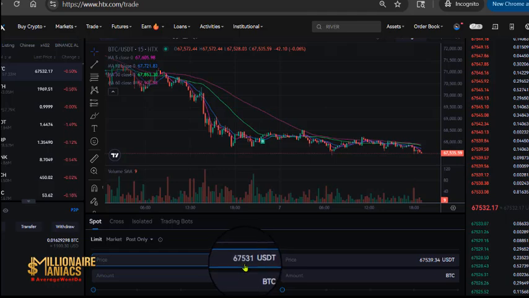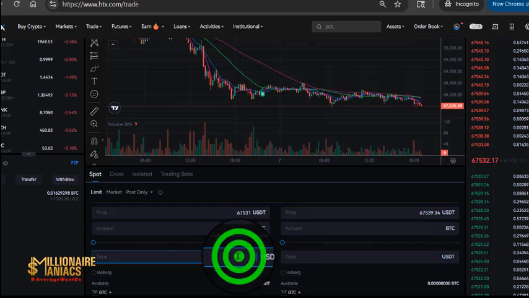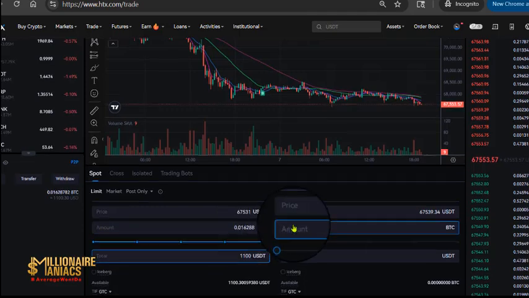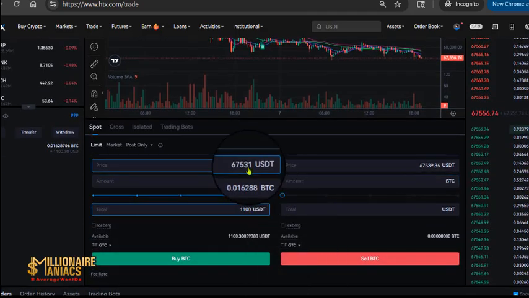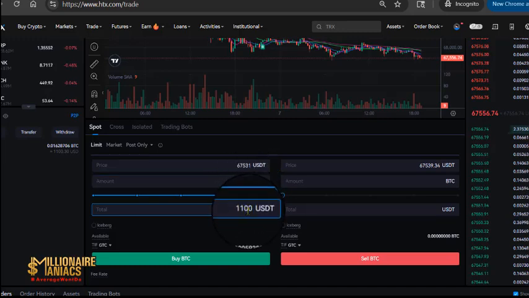That's the price that I'm willing to pay for Bitcoin. And I'm going to use my entire balance. So I'm going to type 1,100 here, and then it will automatically do the Bitcoin decimal conversion. All right. So that is the price I'm willing to pay. This is the amount of Bitcoin I will receive, and this is the amount of capital that I'm going to use for this particular trade.